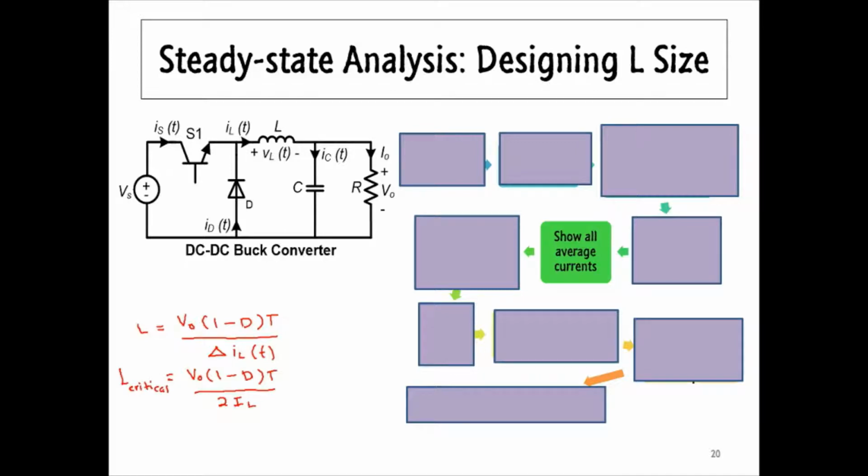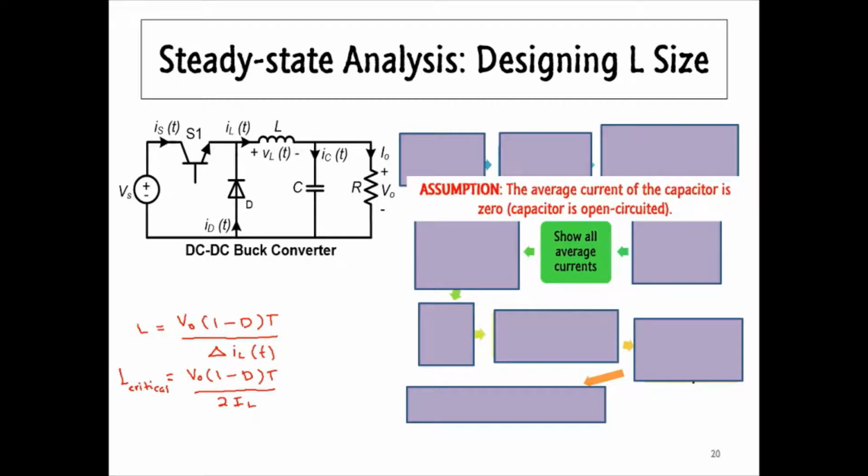To show all average currents in the circuit, you must remember that in the DC system, the average current of a capacitor is always 0. Thus, we can label the average currents as follows.